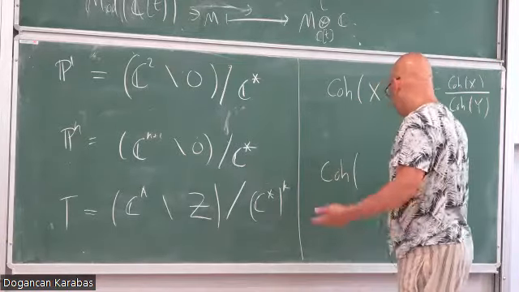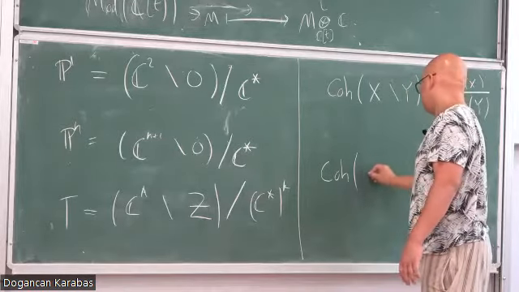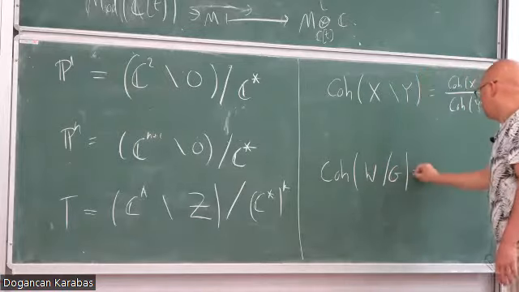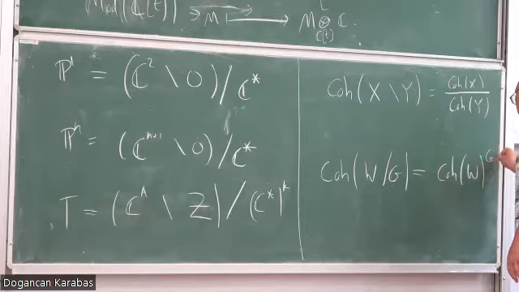And then the other useful fact is if I want to take some kind of quotient, W mod G, where G is some group action, there's some sense in which this is the G invariance of this thing.